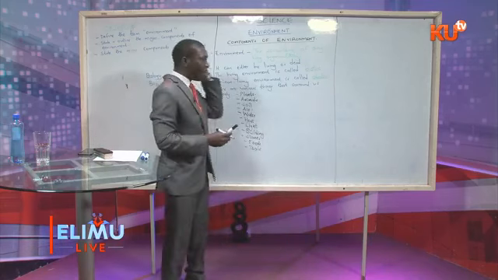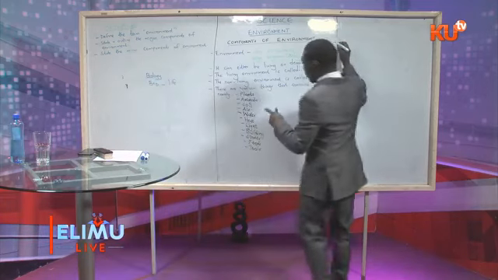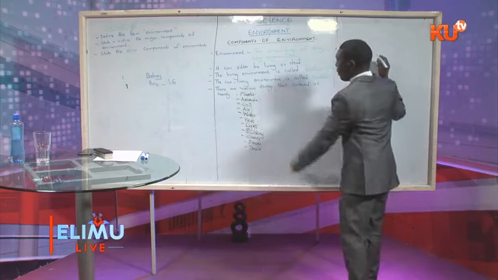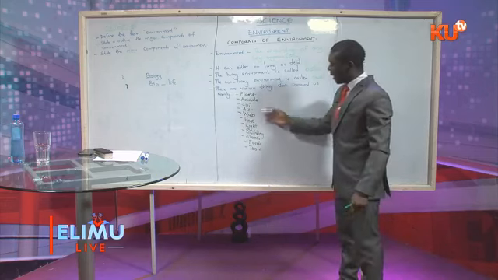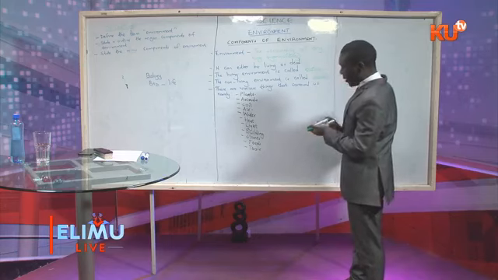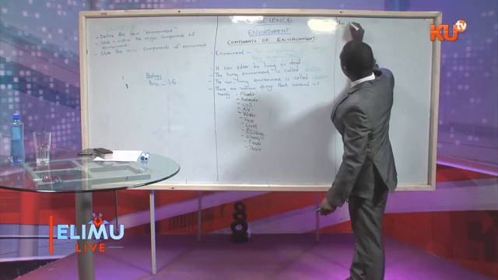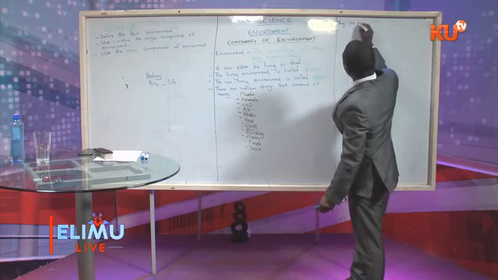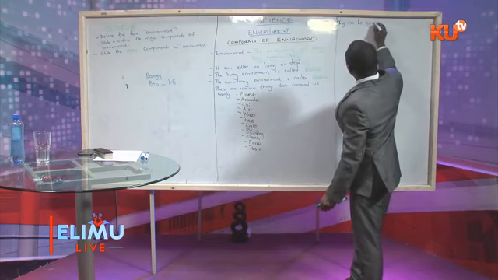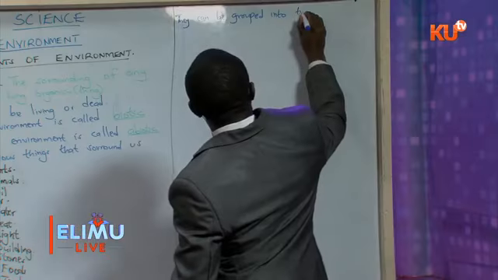So these components of environment can be grouped into two categories. The components that I have listed here, that surround us, can be grouped into two categories. Which categories are those?